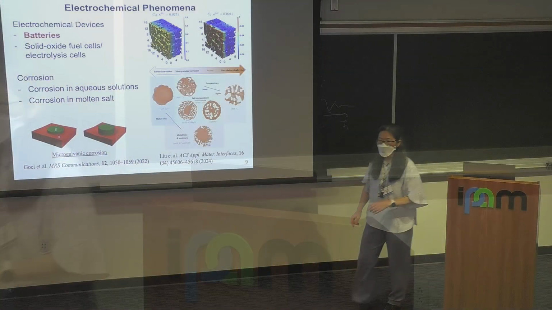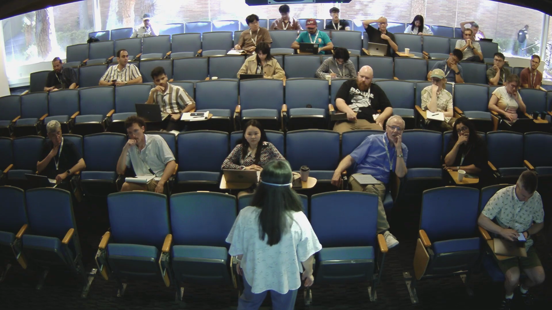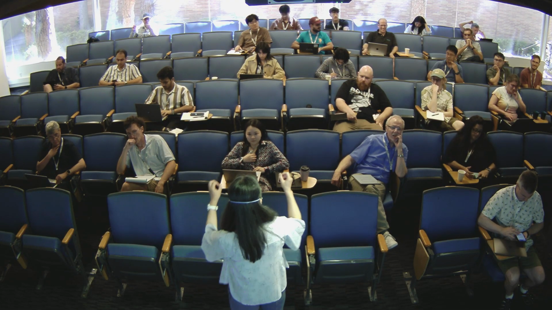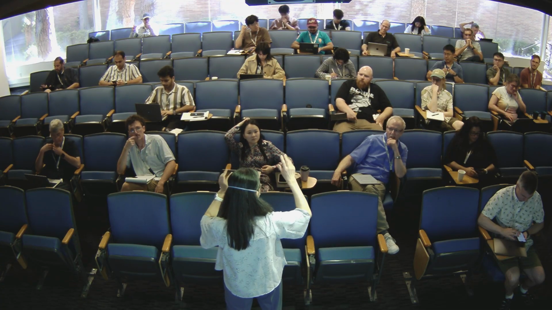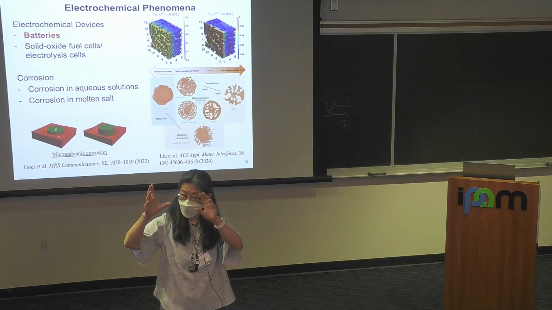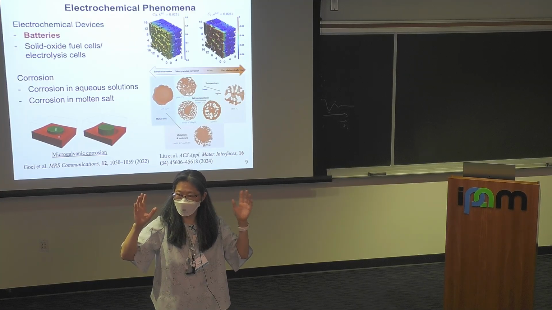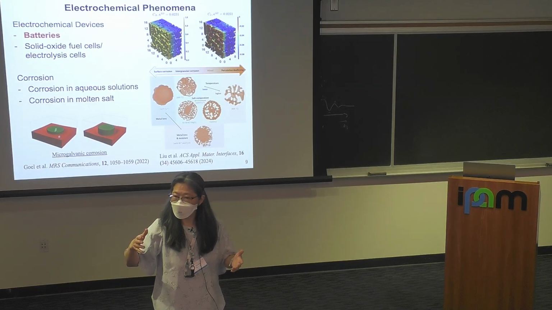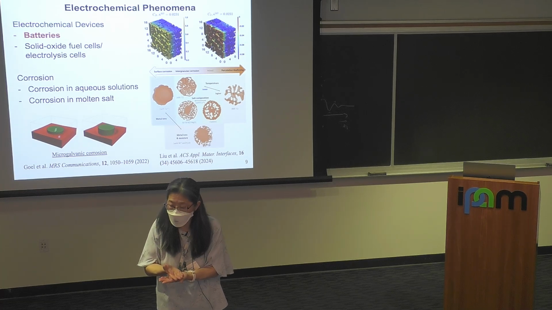Is molten salt like an ionic liquid? Yes. But an ionic liquid is often organic. These are like sodium and chlorine or potassium, usually eutectic, because they want to lower the temperature at which it melts.